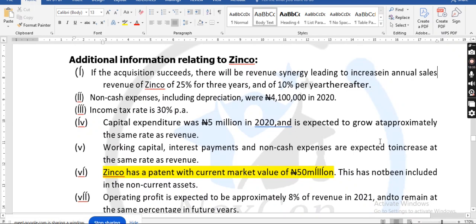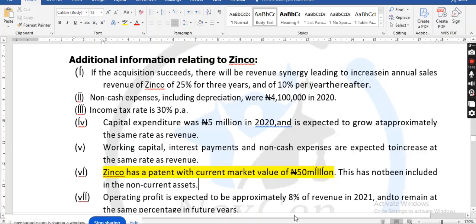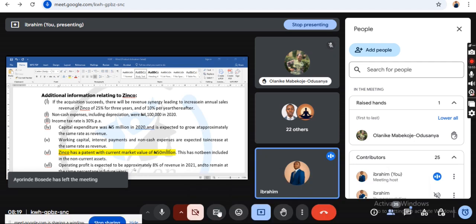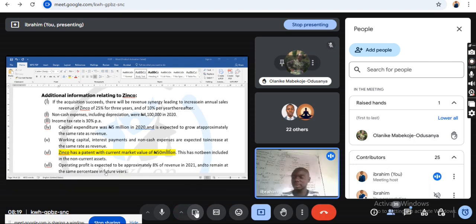Don't forget, the financials given to us are 2020 and 2019, right? And if you are to present expected future cash flow for 3 years, definitely you will start from 2021, 2022, and 2023.